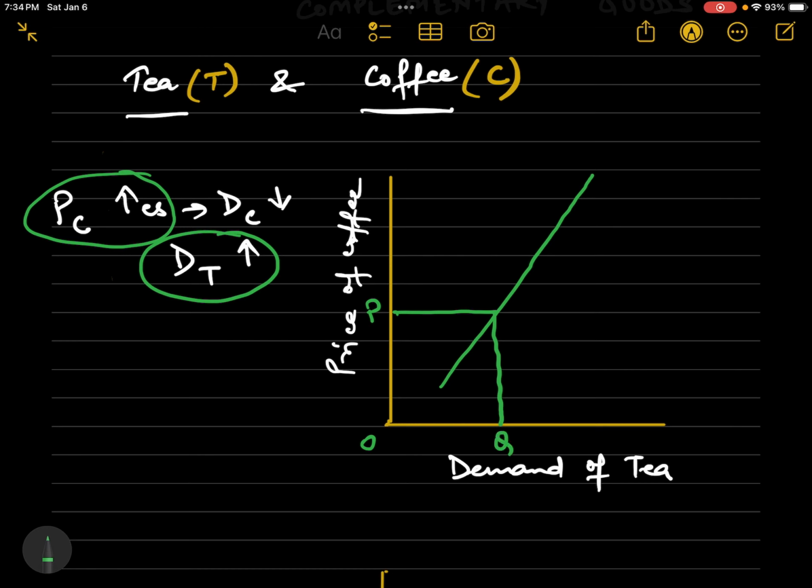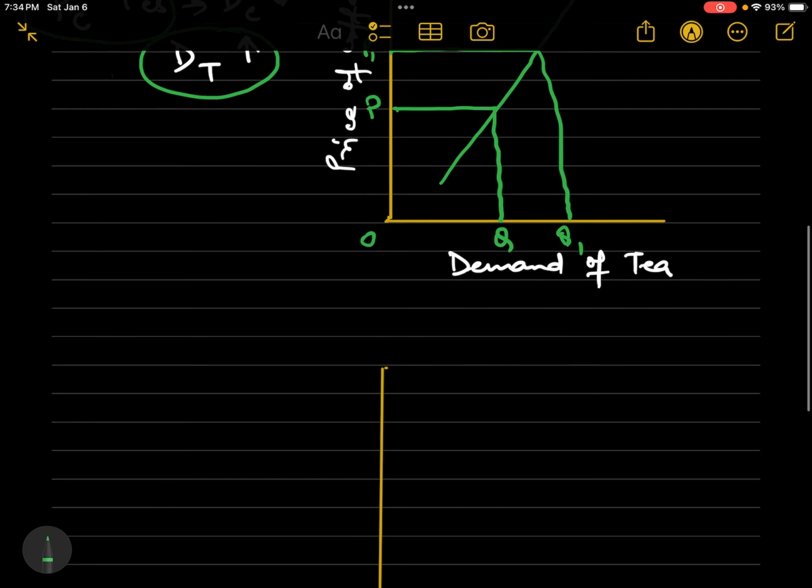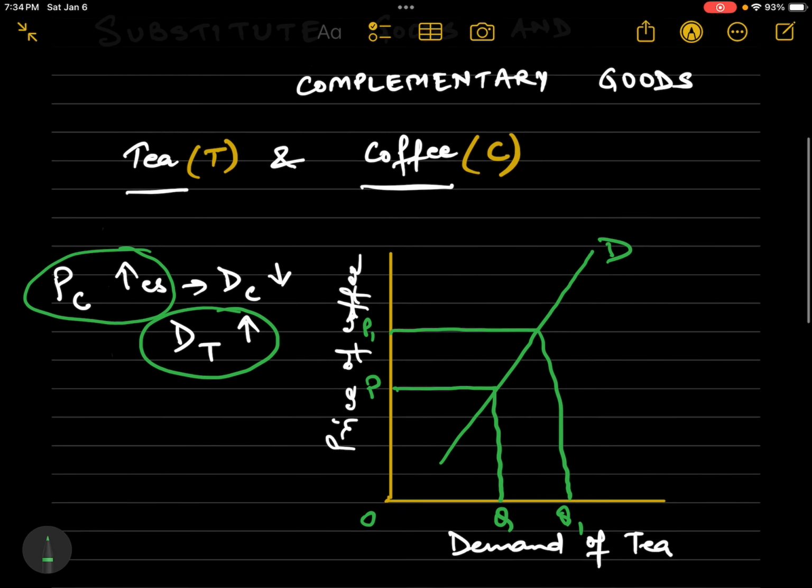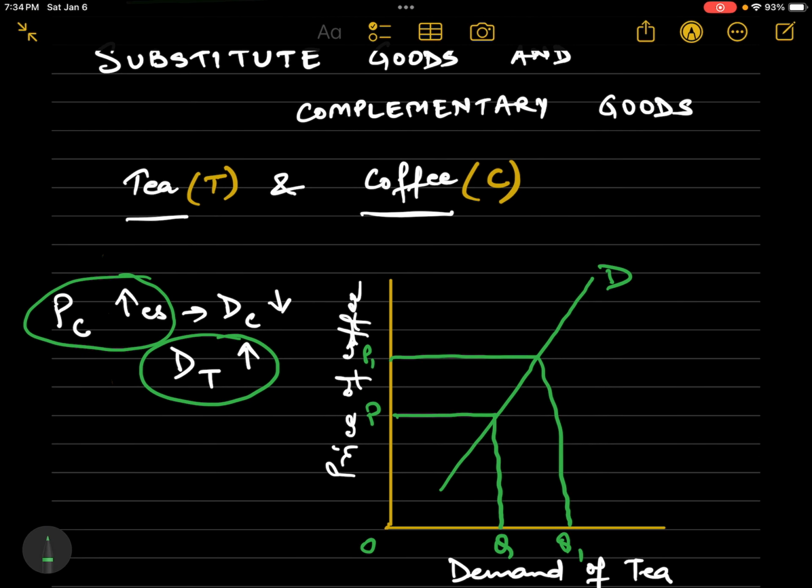When the price of coffee goes up to OP1, the demand for tea has increased from Q to Q1. So if you know the relationship between the two products, you can directly draw the graphs. You can logically think about it and do it. Similarly, now these are our substitutes. This is a substitute.